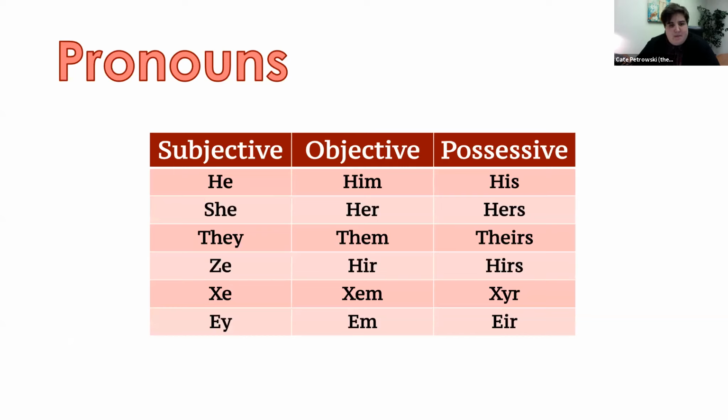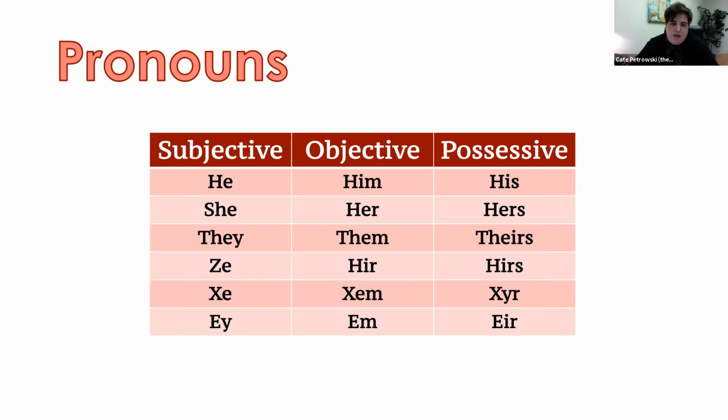So here are some examples of pronouns. There's a little chart here with the subjective, objective, and possessive. For example, you have he, him, his; she, her, hers; they, them, theirs.